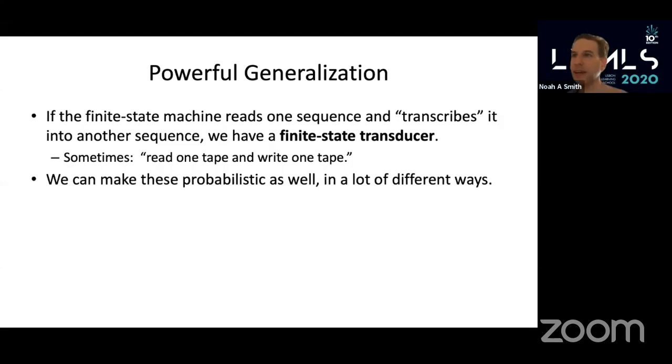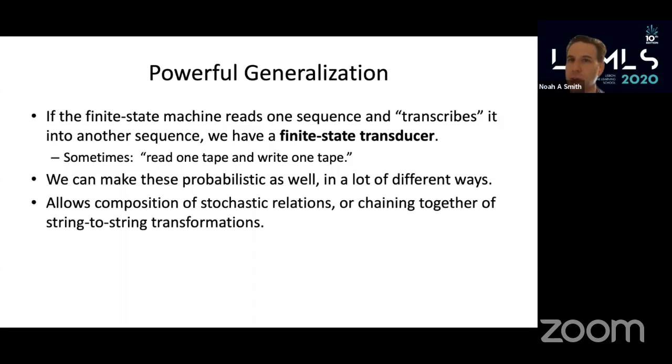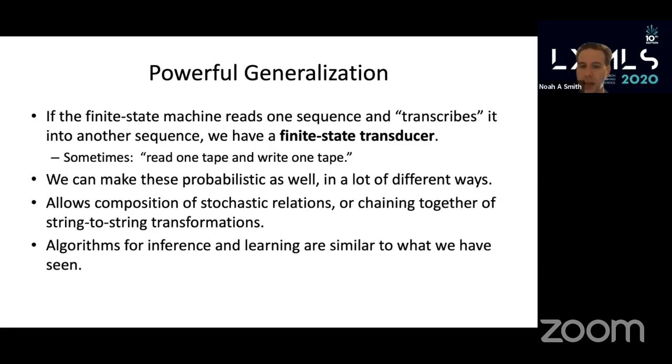And these finite state transducers are just super interesting and super cool. You can also make them probabilistic, like with any of these symbolic machines. And there are a lot of choices you can make about how to do it. And what this gives you is the ability to have composable stochastic relations between strings. So you can chain together one string transformation on top of another string transformation.